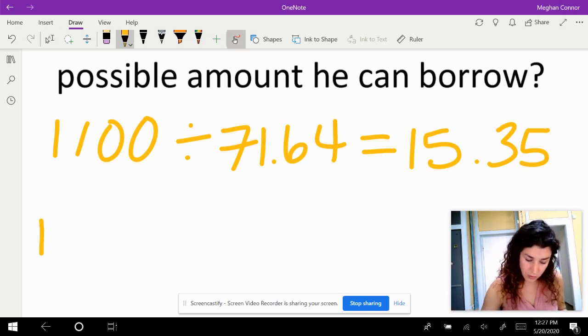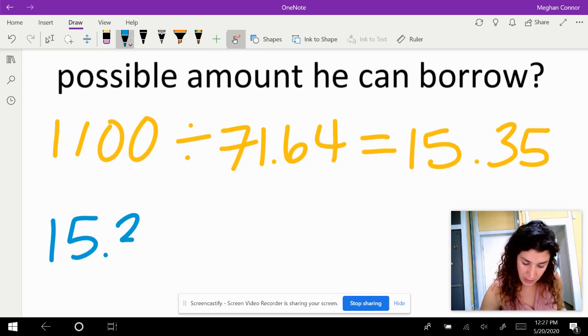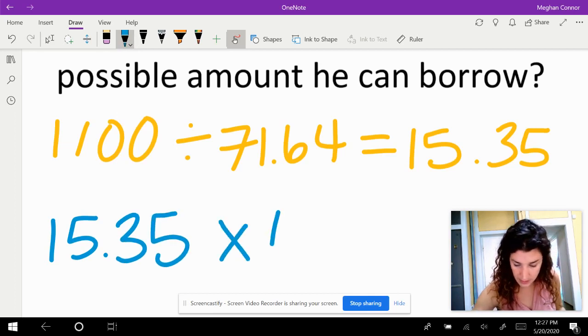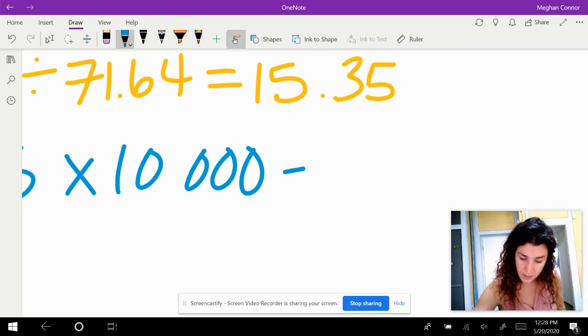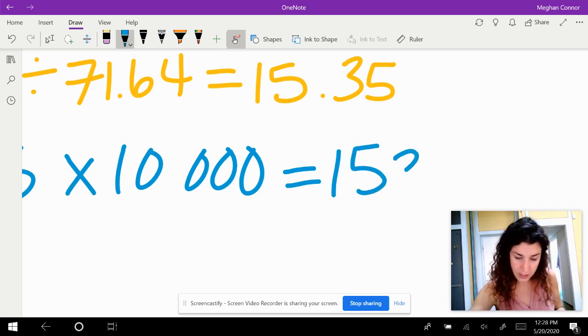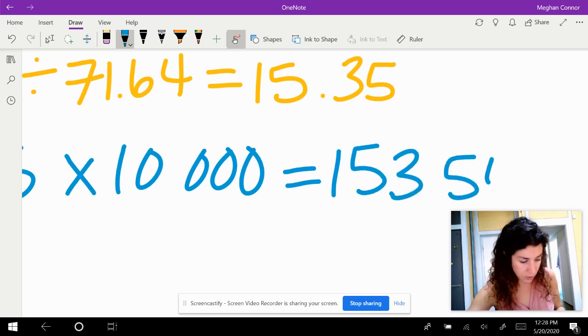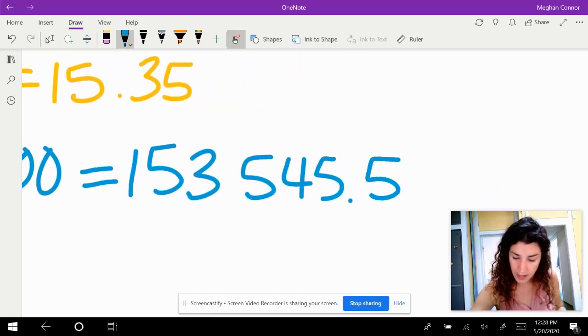So we're going to do €15.35 times 10,000 euro, which is 153,545.51.